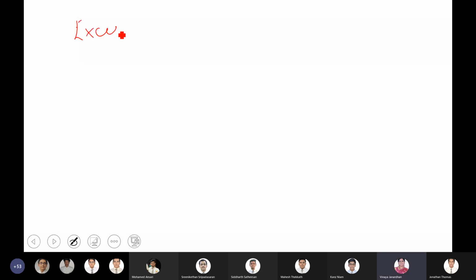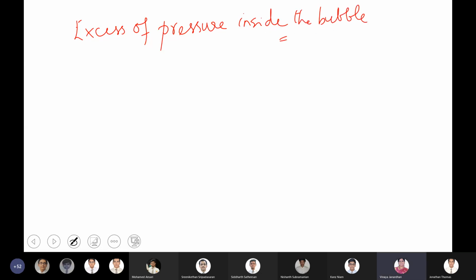Excess of pressure inside the bubble will be equal to 2T by R. Find this value. R is the radius of the tube. Okay.